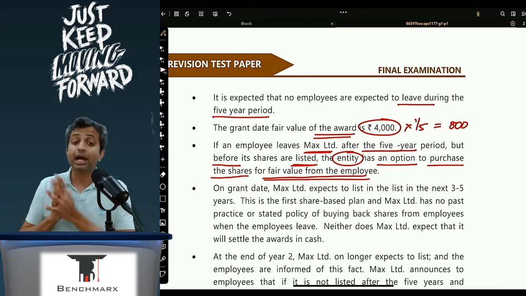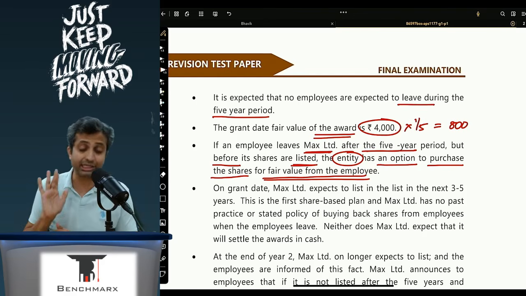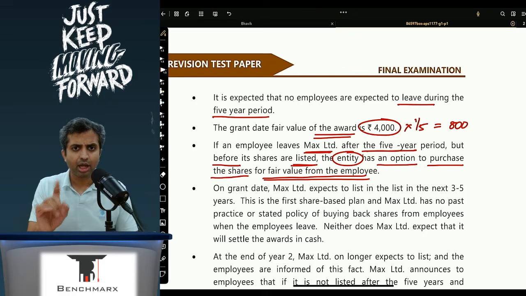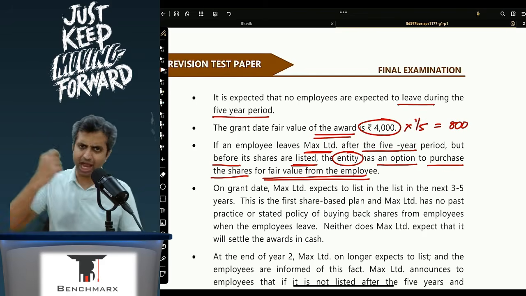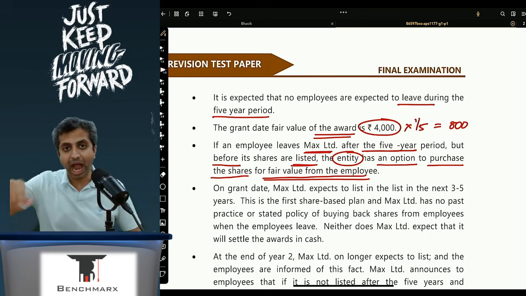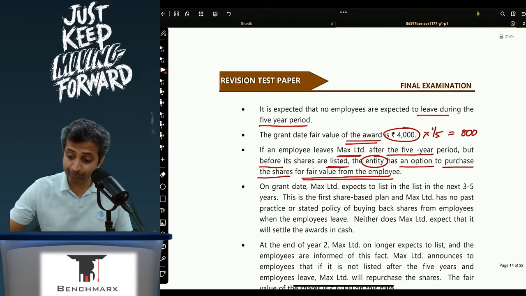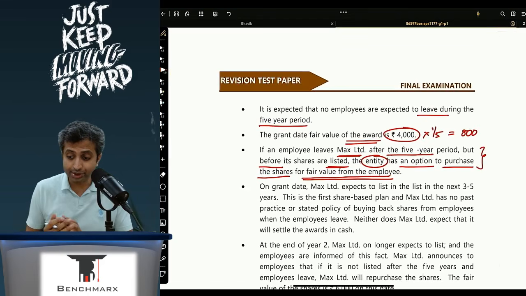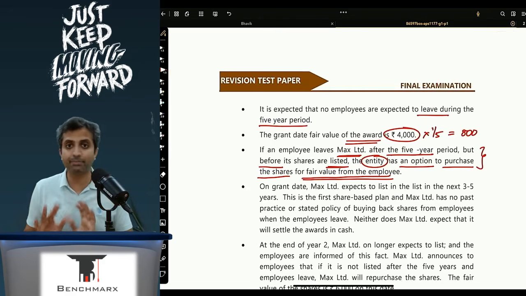So this company says that after 5 years, if you have completed the vesting period and when you are exercising, the shares are not listed, I may repurchase, and at my choice, I may give you cash. But if I say I don't want to give you cash, no, you take shares, you will have to take shares. And hence, can I say that this clause does not result in any obligation on the employer to pay cash? Remember, when is it a liability?